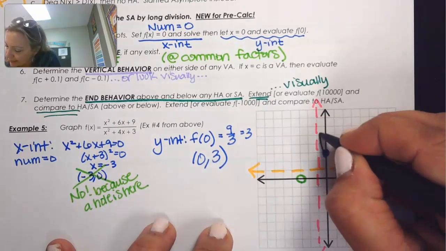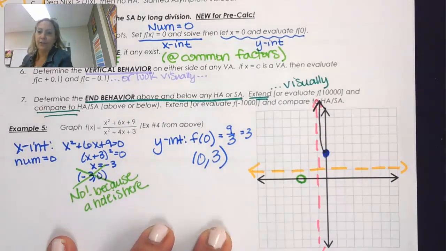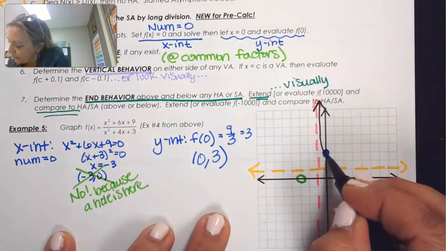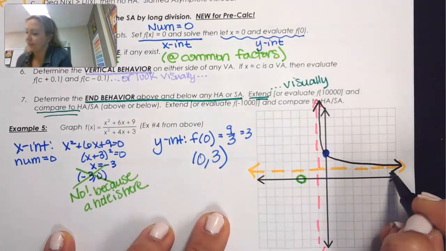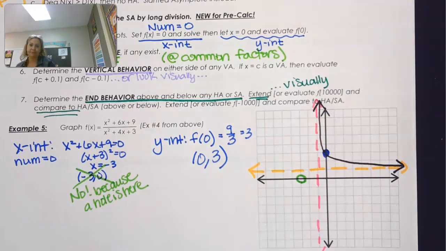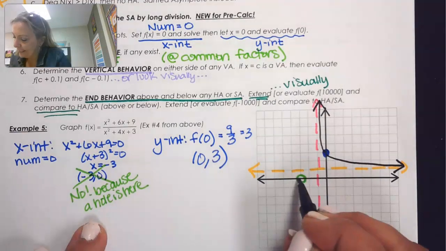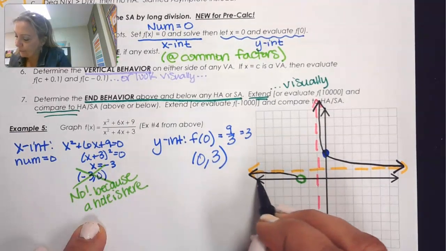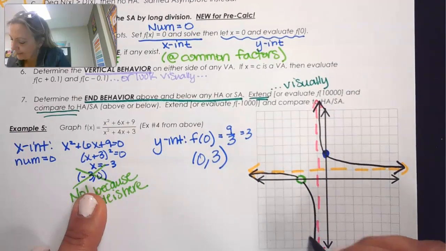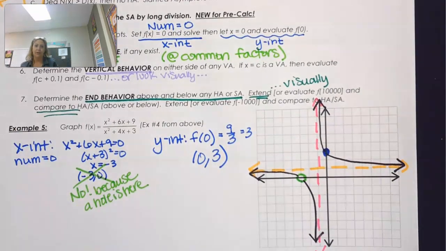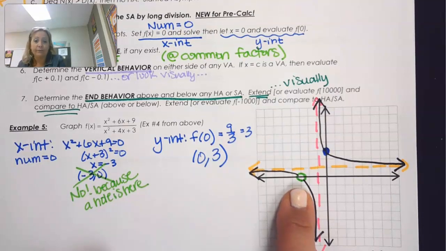So here I'm going to extend towards the vertical asymptote, and here I'm going to extend towards the horizontal asymptote. I'll do the same thing on the other side. I'm going to extend towards the horizontal asymptote, extend toward the vertical asymptote. Logically, based on what we know about our rational functions, we know that that's what this is going to look like. Okay. The new look of this one this year is probably this hole.